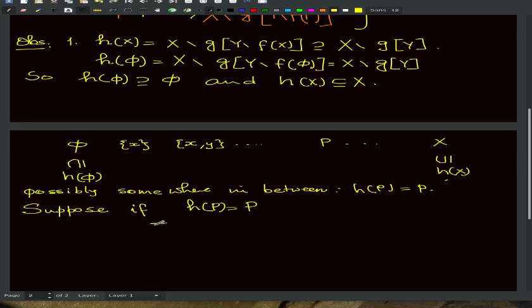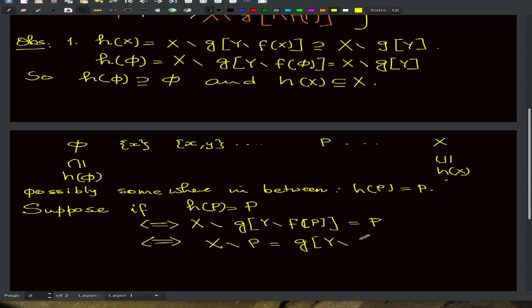So this means that x minus this is equal to, so this means x minus p is equal to this.